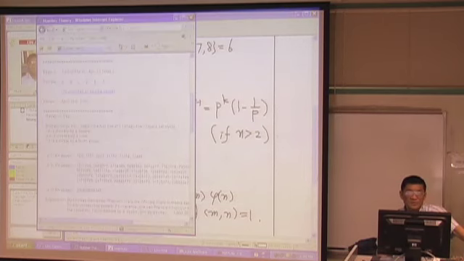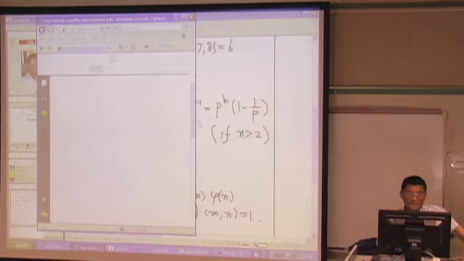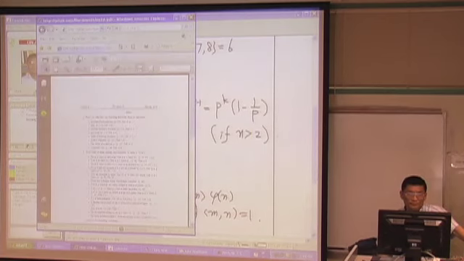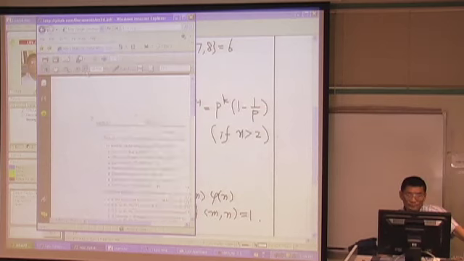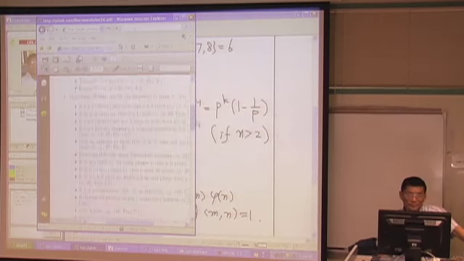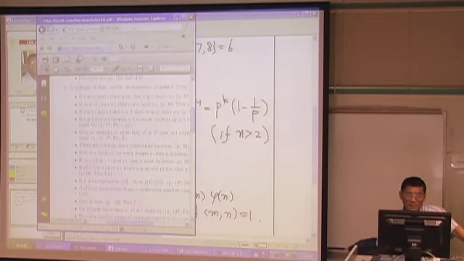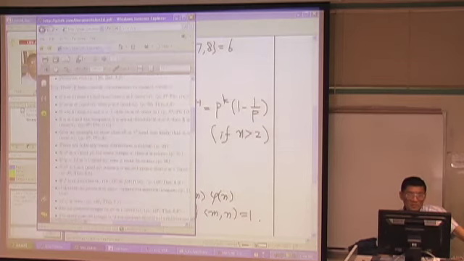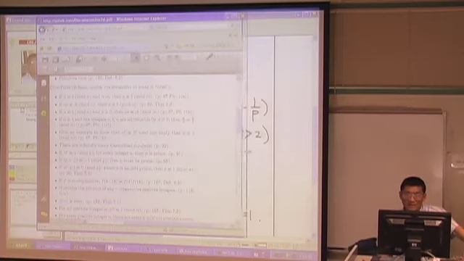So for instance, take a look at, is it too small? So I will magnify it.